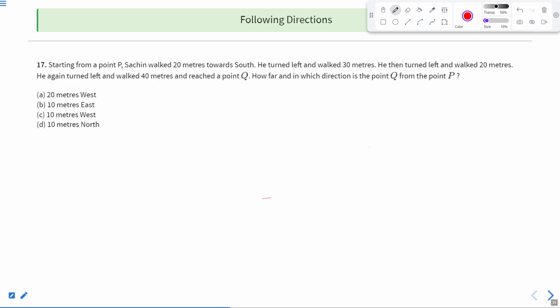17. Starting from starting point B, Sachin walks 20 meters south. Then he turns left and walks 30 meters.